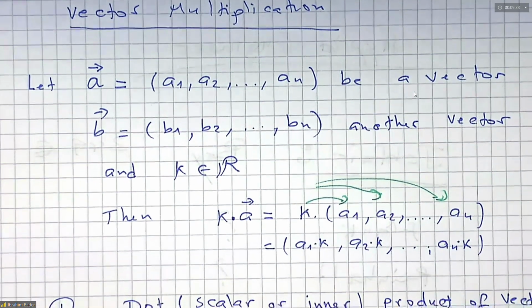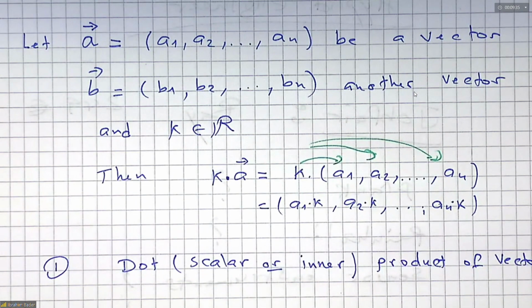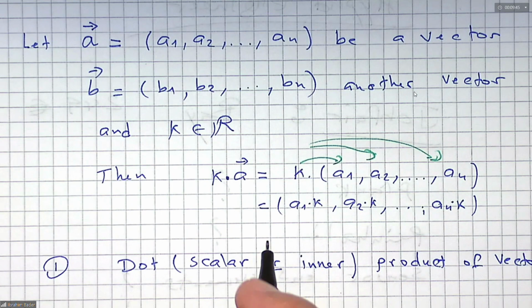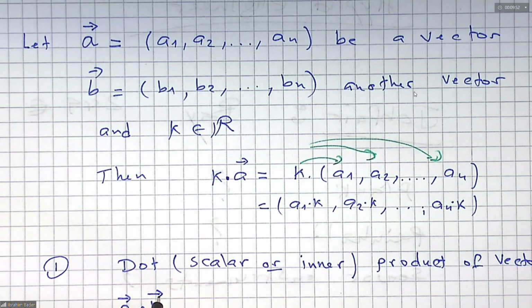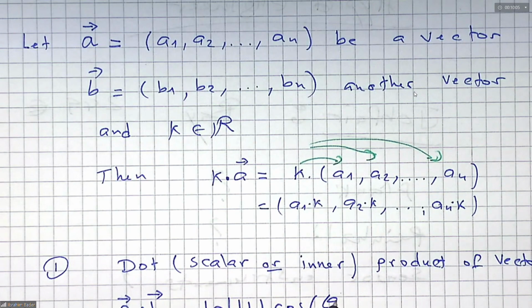Okay, so dot or scalar product or inner product of vectors. Let's assume the vectors A and B that we defined earlier. Then A dot B, the dot product or scalar product, is defined as the magnitude of A times the magnitude of B times cosine of theta, where theta is the inner angle between the two vectors.